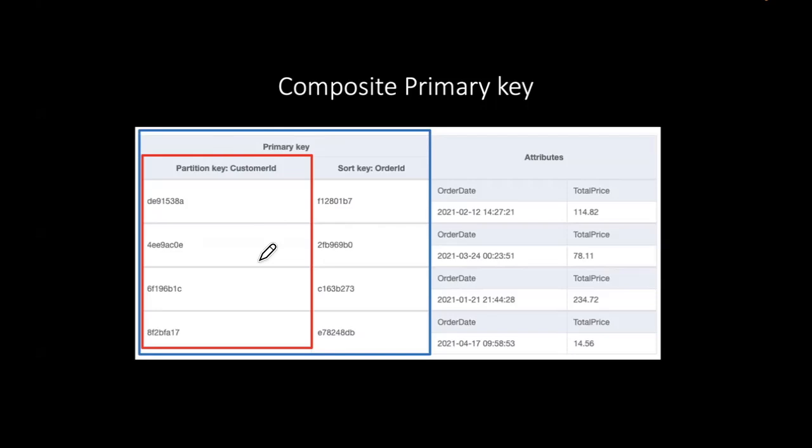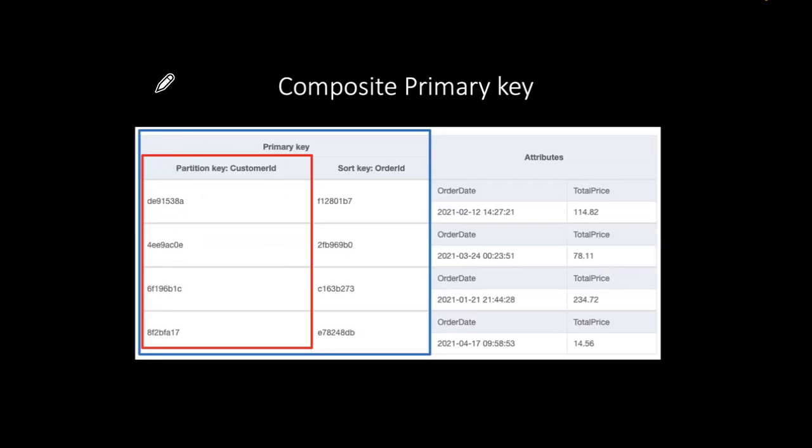If you know for a fact that you will only ever need to read individual orders, you won't need to read a group of orders for a particular customer, okay. If you know that you will have occasions where you need to read a group of orders for a particular customer, then you should use this composite key approach. And we'll see why that is the case. So it relates to the nature of the read operations that you will be carrying out against this data.